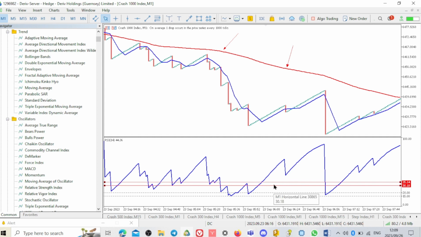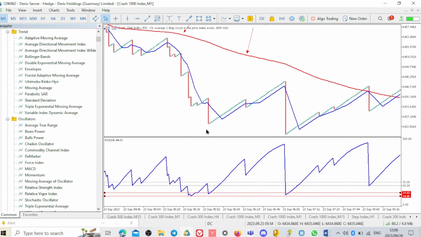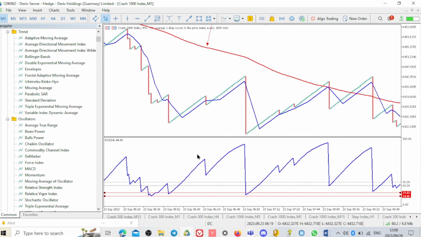So we then shift our focus to levels 20 and 15. These are the levels that we use when price is below the 200 exponential moving average. So we're going to use level 15 and level 20.